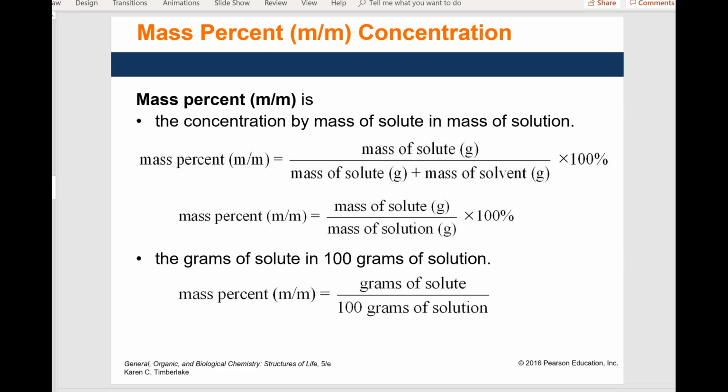This is also known as a weight percent. So you may also see this written instead of M/M, you may see this written as W/W. And in fact, this is a little more common in the chemistry literature than this even. So this is a weight percent.